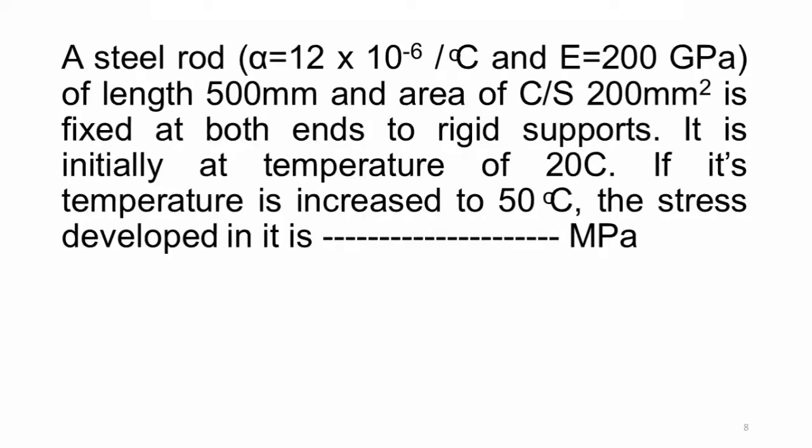Then the length of the member is 500 mm and cross sectional area is 200 mm square. It is fixed at both ends. Initially the temperature is 20 degree centigrade, it is increased to 50 degree centigrade, so the temperature difference is 30 degree. So substitute appropriate values and find out what the temperature stress is.